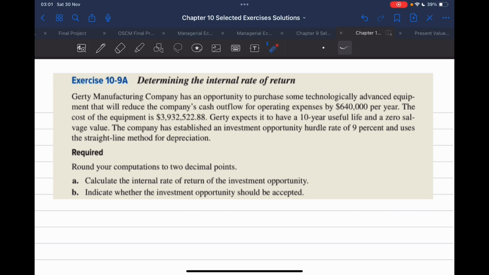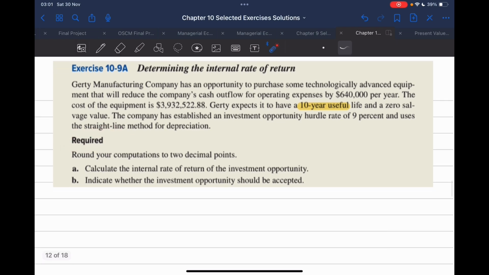Gertie expects it to have a 10-year useful life. Let's highlight this because it's really important. And a zero salvage value. The company has established an investment opportunity hurdle rate of 9%, and uses a straight line method for depreciation. What's required here, rounding your computations to 2 decimal places?